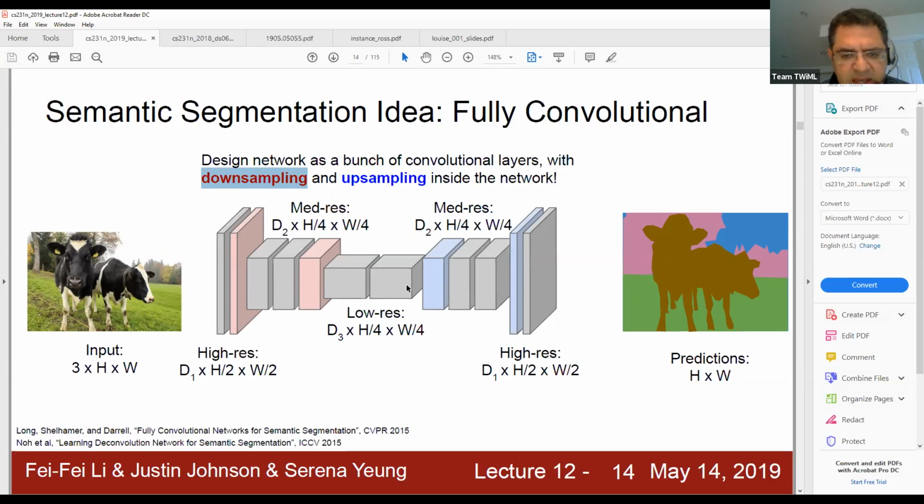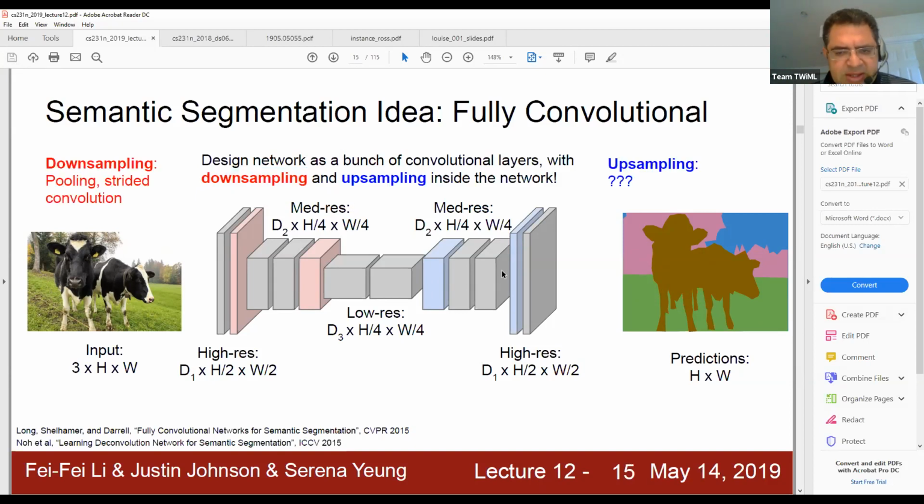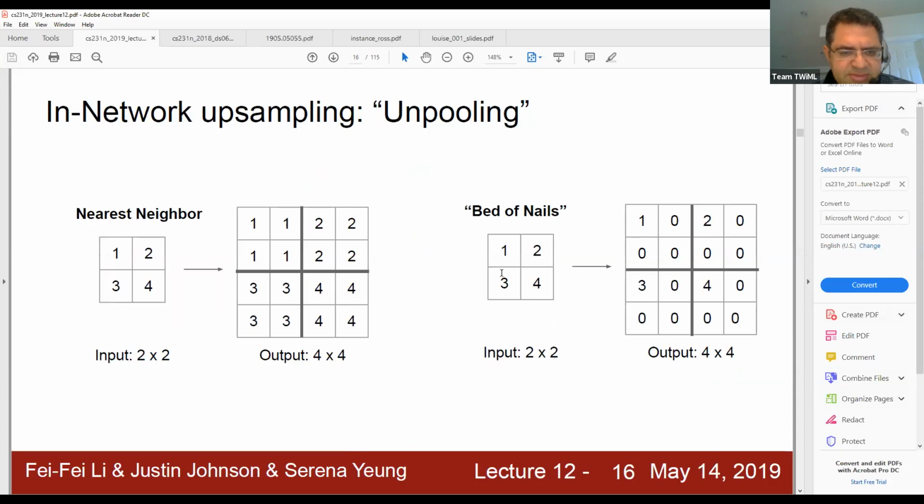Okay, and what the next few slides talk about is different ways to do upsampling, and I don't want to get into that because it's just a bunch of details about how to get back to the original resolution. They have different approaches, like nearest neighbor and bed of nails, but we'll just get bogged down in details.